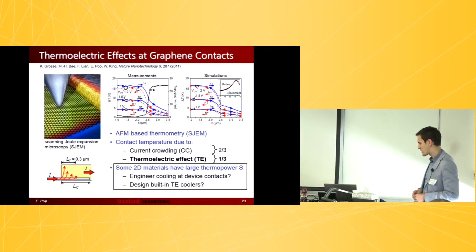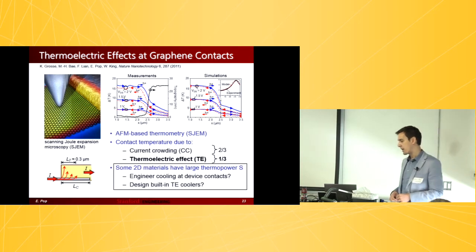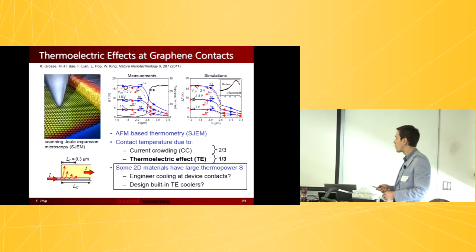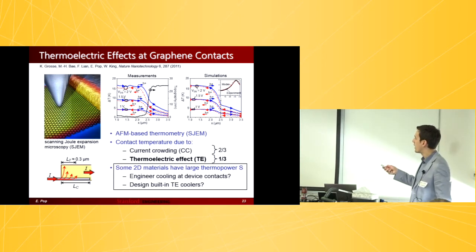Okay. A little bit more on the thermometry side, we were not very happy with the infrared thermal imaging because the resolution is so poor, right? It's about a micron or two. Raman spectroscopy, same thing, about half a micron maybe. So we worked with Professor Bill King at UIUC several years ago, and we used an AFM-based method to measure temperature. In this case, we use an AFM tip to measure the thermomechanical expansion of the material itself.